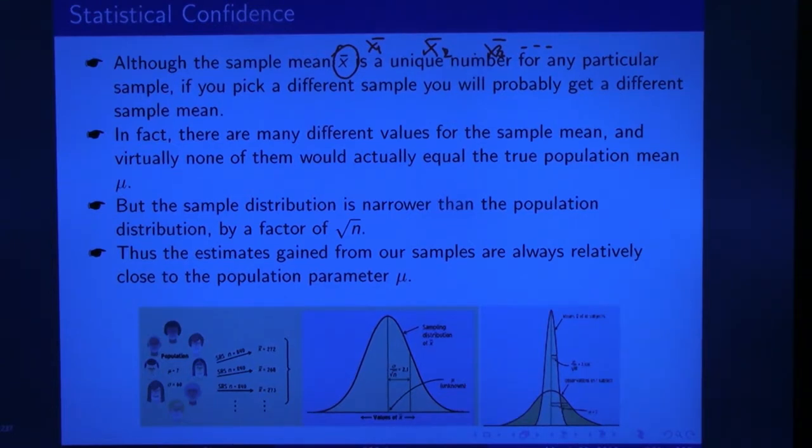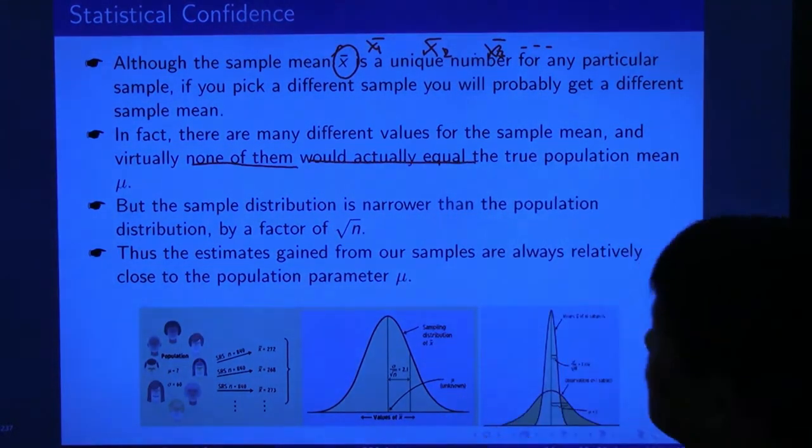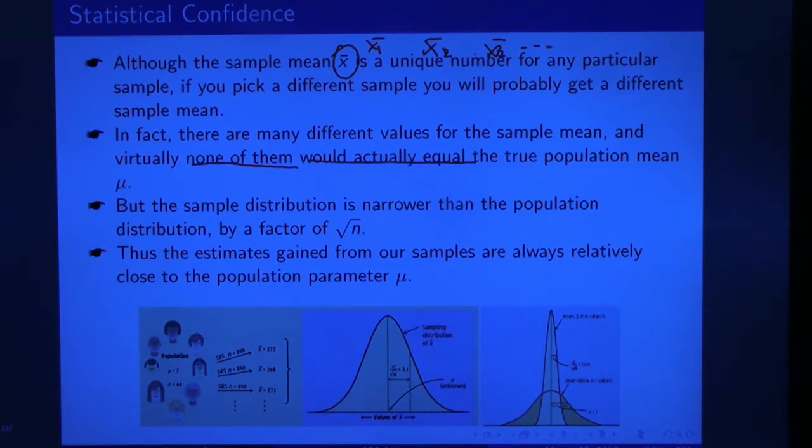The probability for them to be equal is 0 if they are continuous. In fact, there are many different values for the sample mean, and virtually none of them would actually be equal. That means the probability for any two to be equal is actually 0.